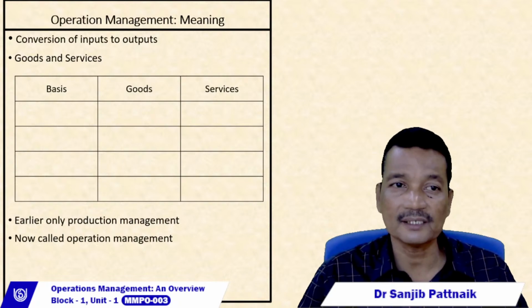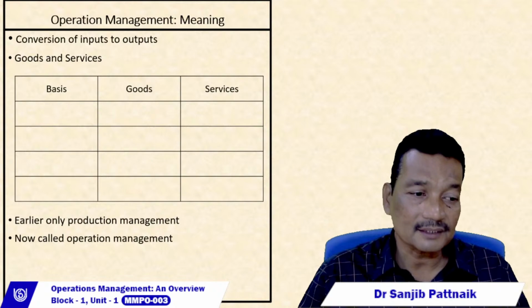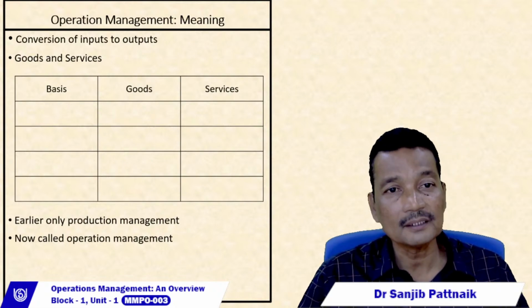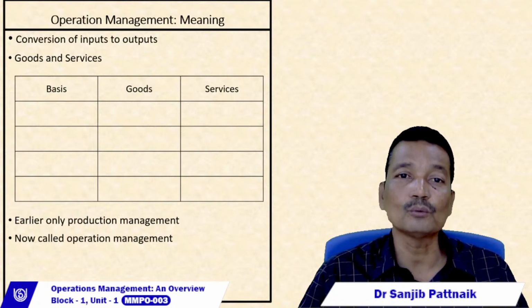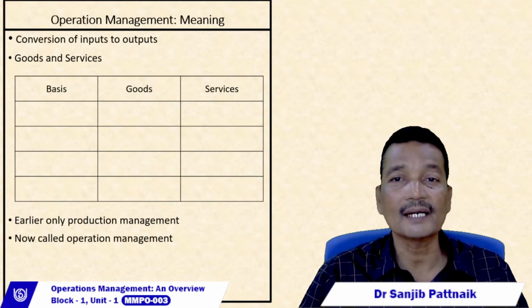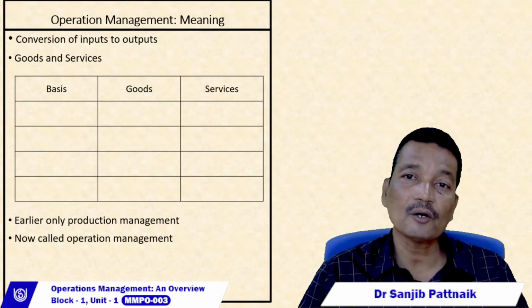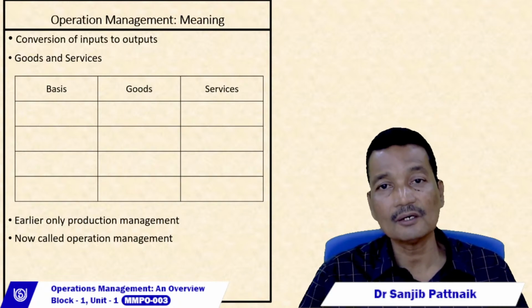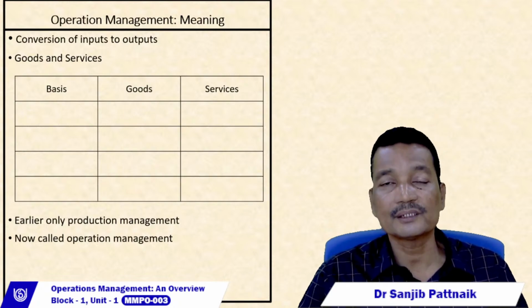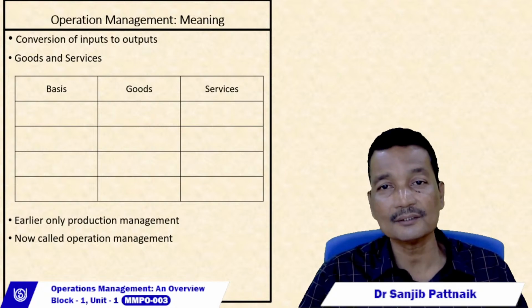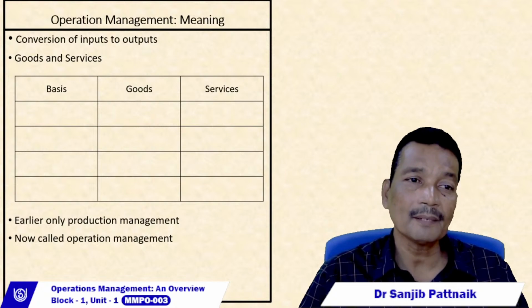But things have changed. The set of inputs nowadays has to be converted into the desired output. That means goods and services of good quality, or quality which can be competitive in the market and help organizations sustain in the marketplace.